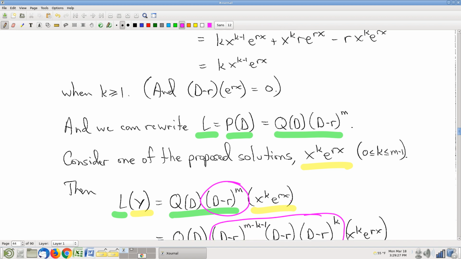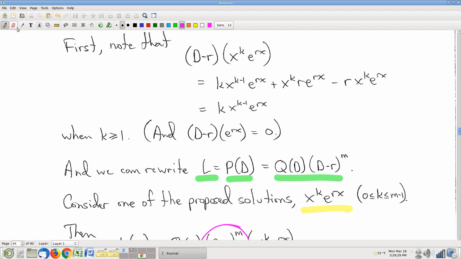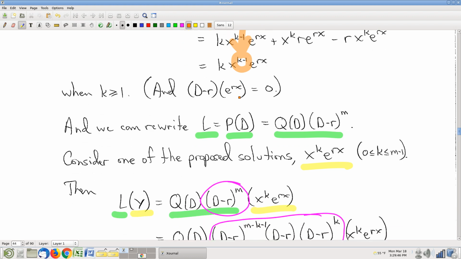Why would I do this? Let me remind you. We see up here that d minus r takes powers of x and kills off one of them. That's what d minus r does to these kinds of functions. So check this out.